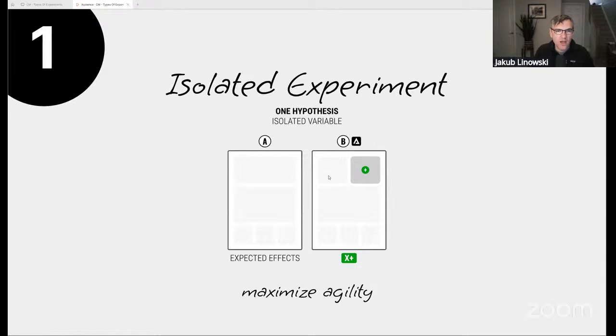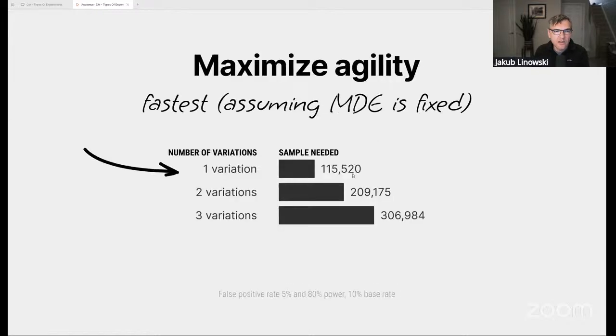With simpler experiments, when we have fewer variations, that typically also means lower samples, so that's a speed gain. It comes from a simple variation sample calculation, assuming our minimum detectable effect is fixed across all tests. So these tests need a little less sample.